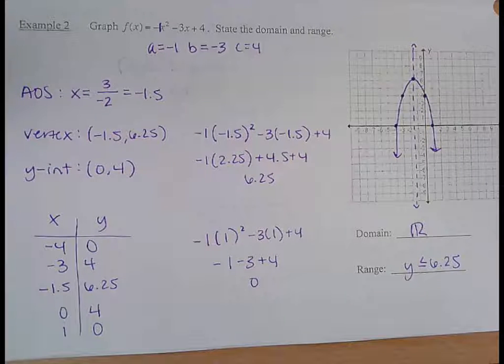Well, it's because the negative 2 and the 1, those aren't going to have the same y value because they're different. Negative 2 is only half a unit away from this, whereas 1 is 2 and a half units away. So that's why you're able to see it, because these aren't symmetric.